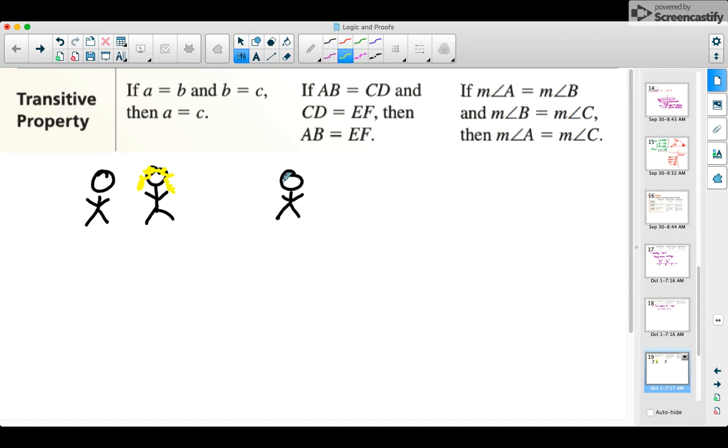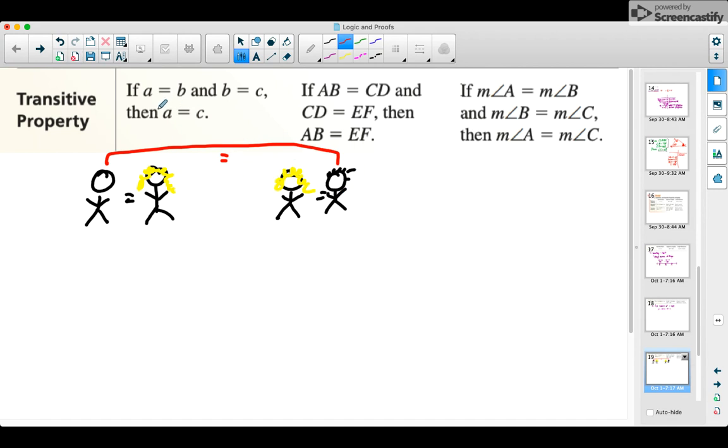So here's Sally again, standing next to Joe. And she's the same height as Mike, and she's the same height as Joe. What can we say about Mike and Joe in terms of height? Well, we would be able to say that they're also the same, because if they're both the same height as Sally, then they'd have to be the same height as each other.